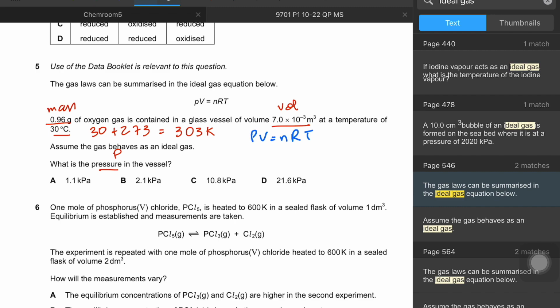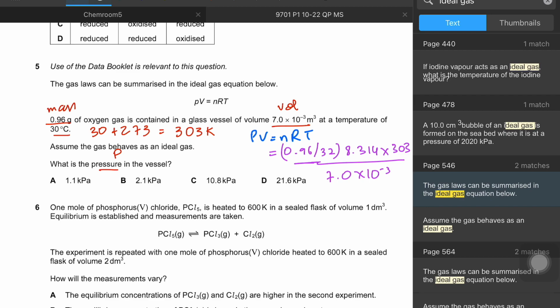PV is equal to nRT. Pressure is unknown. We need to find the moles, so moles is equal to 0.96 over 32 because it is O2 gas, times 8.314 times the temperature, which is 303 Kelvin, divided by the volume in meter cube, so 7.0 exponent minus 3 meter cube.